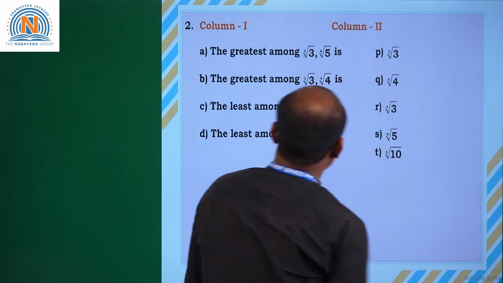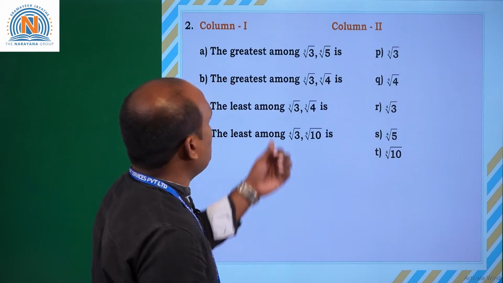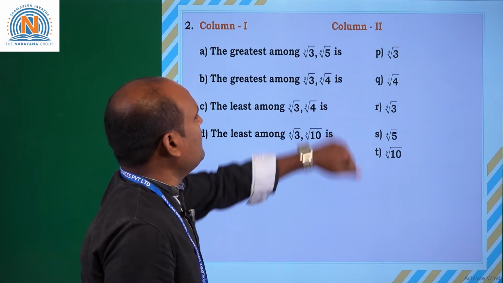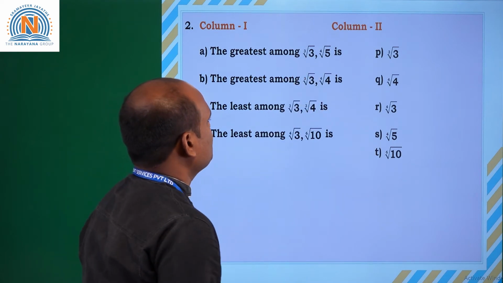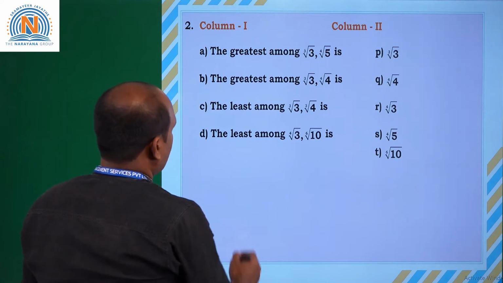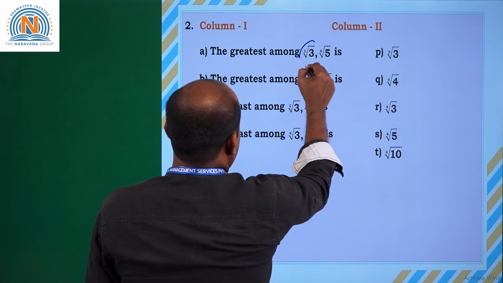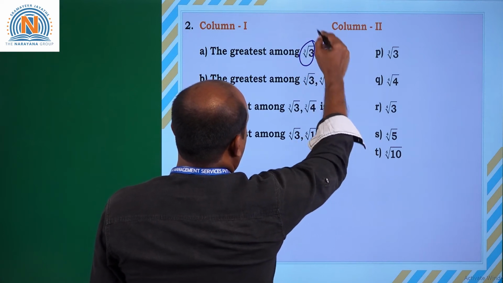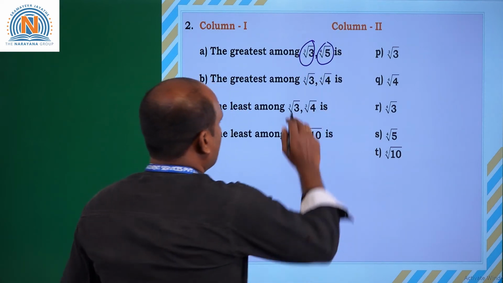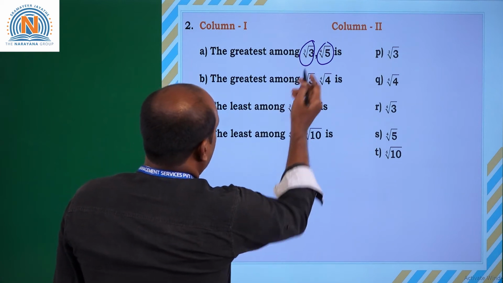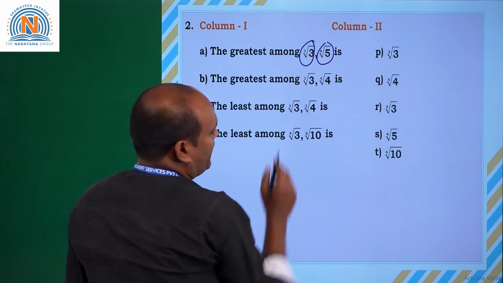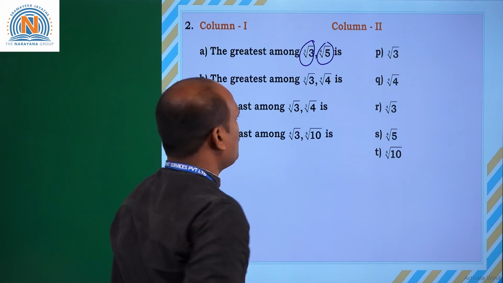Now coming to the next one, the greatest among cube root of 3 and fourth root of 5. Now we convert these. This is a surd of order 3 and this is a surd of order 4. Now convert these two into the same order. What is the LCM of 3 and 4? 12.